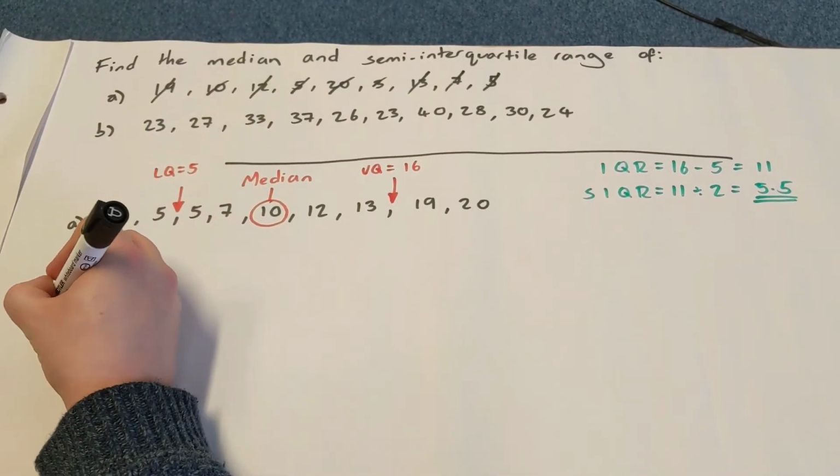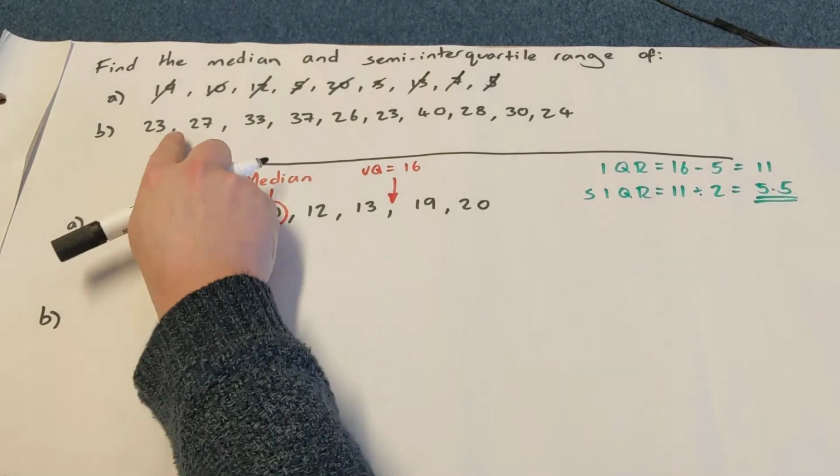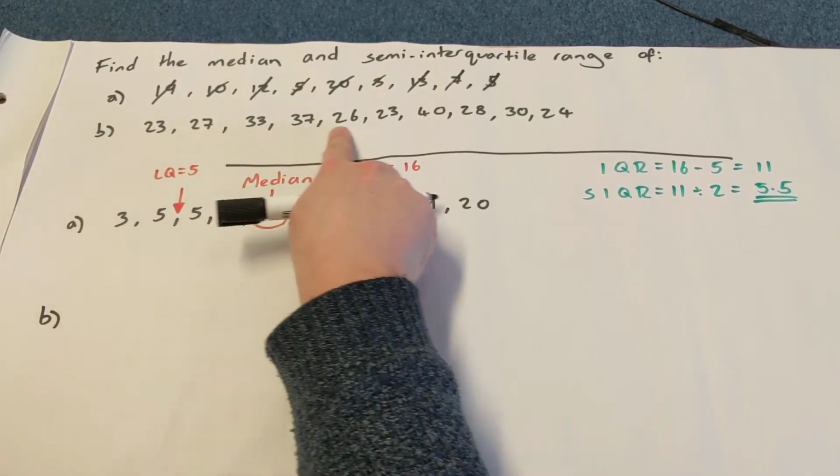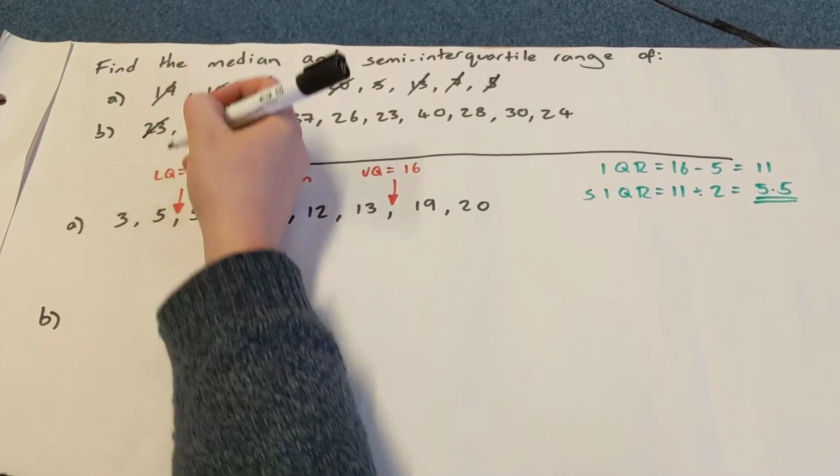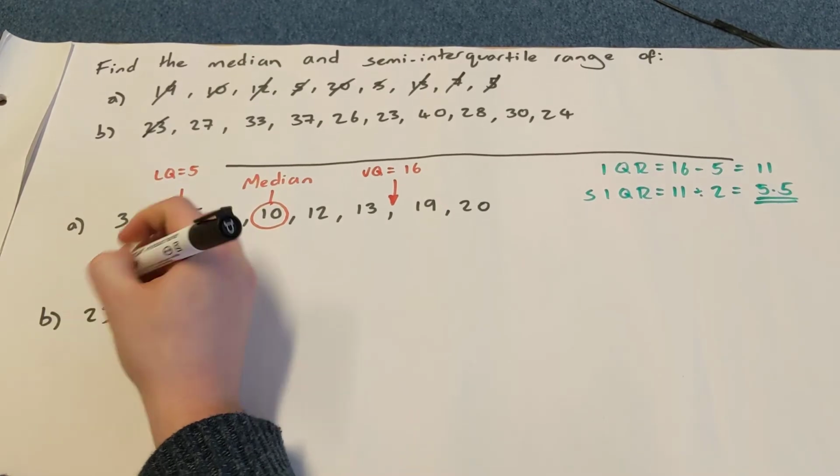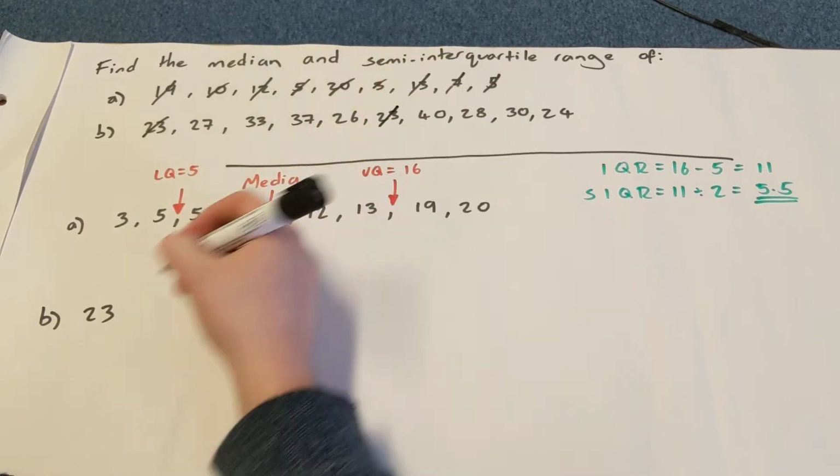So for B, let's go through and write them out in order. It looks like our lowest is going to be 23. So we've got 23, another 23.